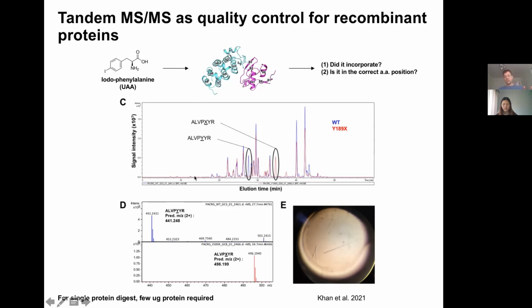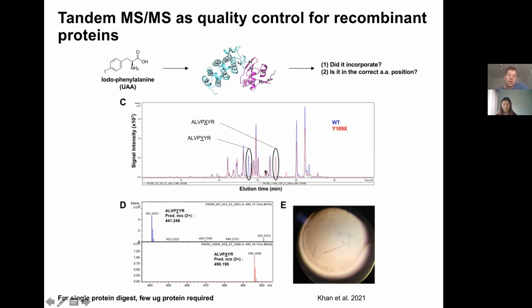You can take the two proteins, digest them, and then when you run them on the mass spec, this is a chromatogram here, but it's still the same, it still gets the same point across. In the wild type protein, you can see that there's a peptide here that has this tyrosine right here, and then the tyrosine was changed to an iodophenylalanine, and there's a peptide that's unique to the mutant right here.